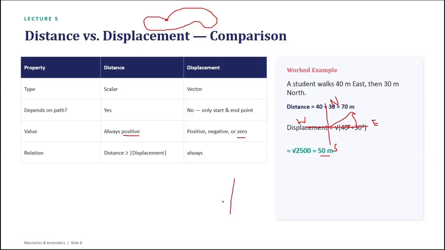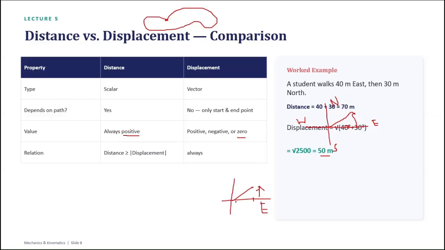He moved 40 meters in the east direction, and then he moved 30 meters towards north. So this is the final point.